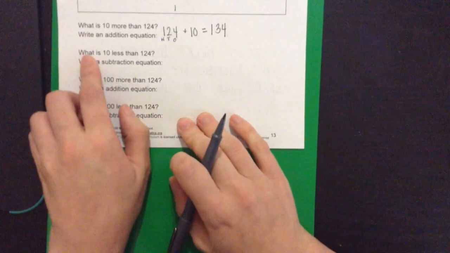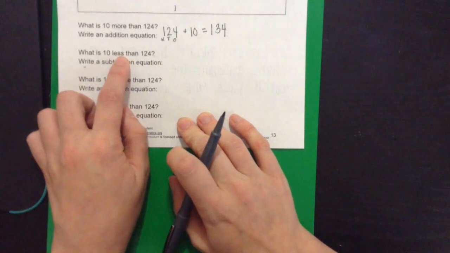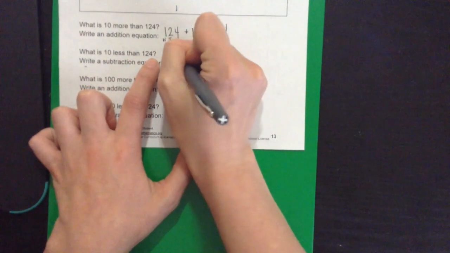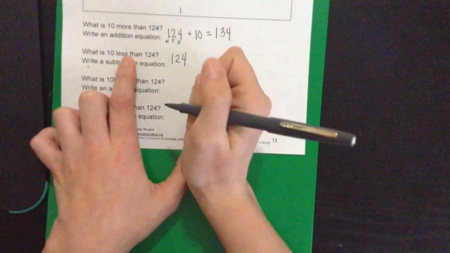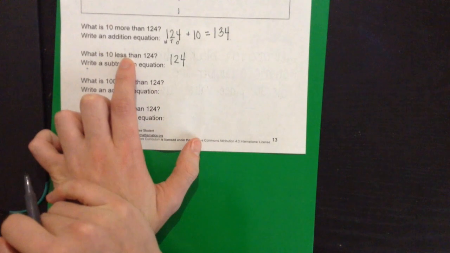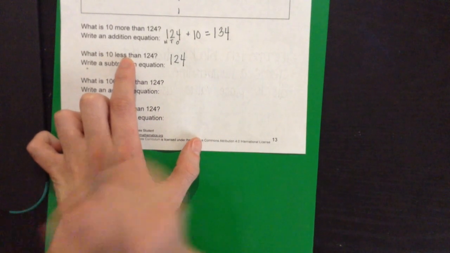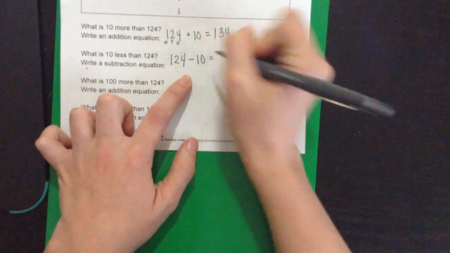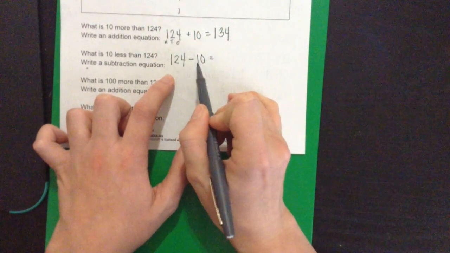This one here says, what is 10 less than 124? So similarly, you're going to write the number, and this time it's saying 10 less. So do you think that we're going to add? Probably not, right? We're taking away 10, which means we're going to subtract. 124 minus 10.